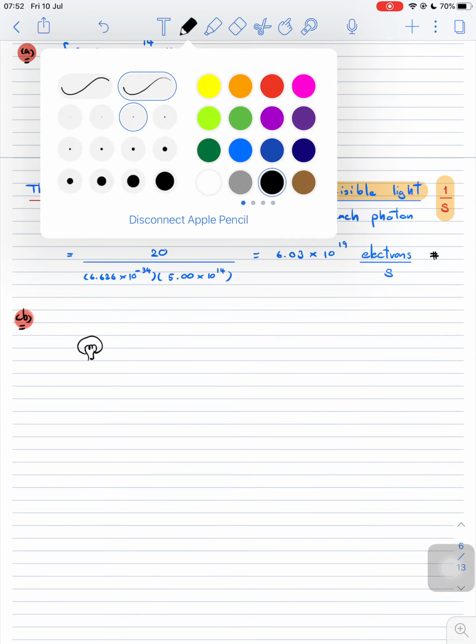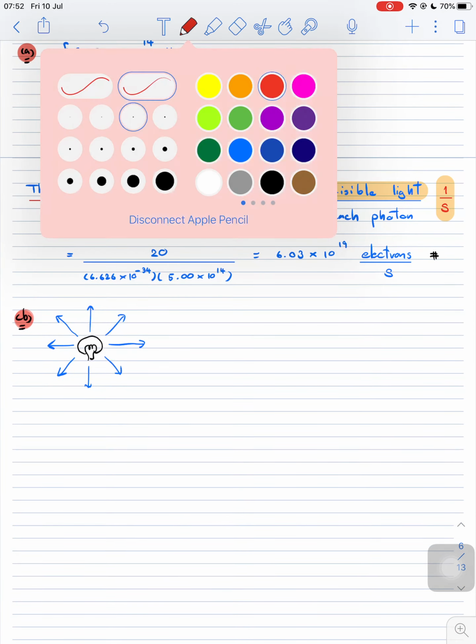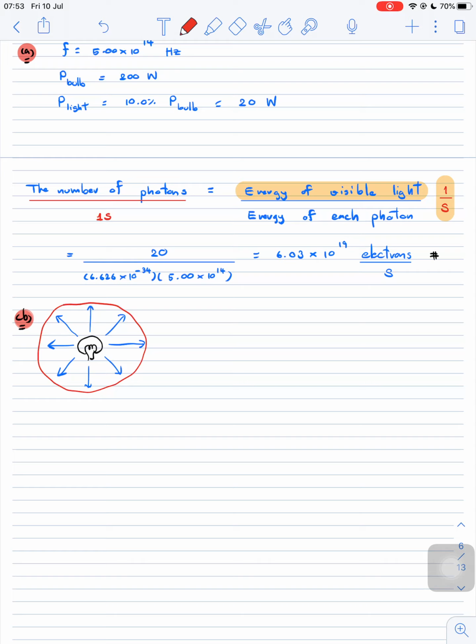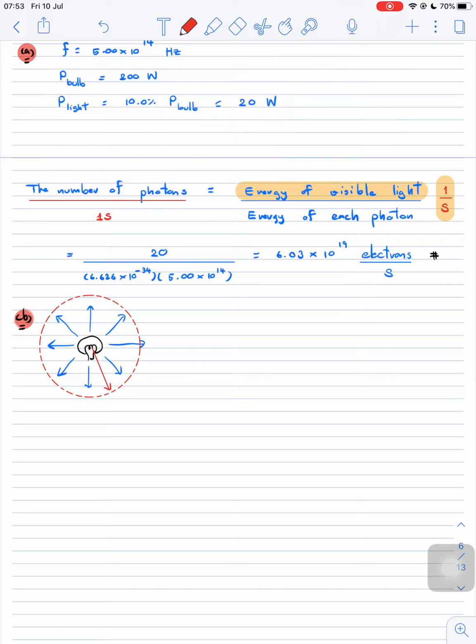We want to find the distance from the point source, the light bulb, that has 10 to the 11 visible light photons per square centimeter per second. Let's say this distance is equal to r.